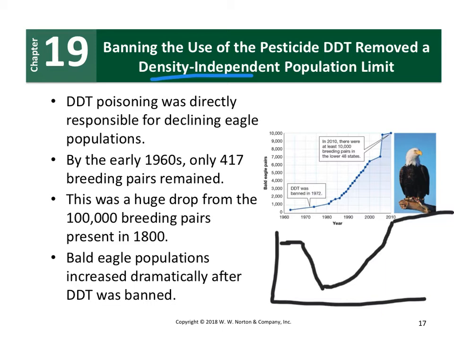The golden eagles did, and the foxes on the island had this condition called tameness, which happens on a lot of isolated populations on islands where there's no other predators around, and so they lose their fear of anything, and so they were easy pickings for golden eagles.